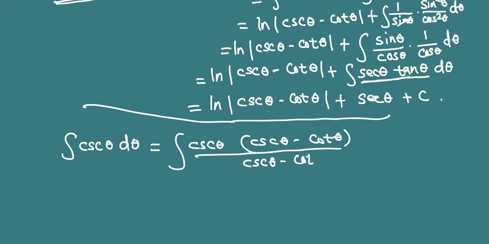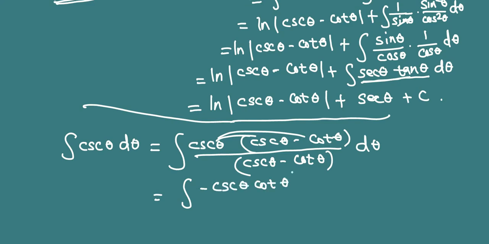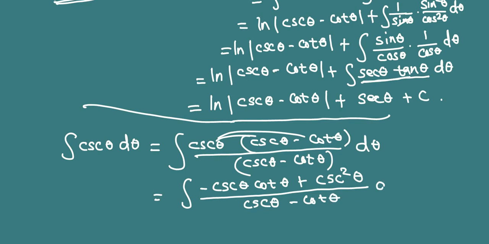Cosecant times minus cotangent is negative cosecant cotangent, and plus cosecant squared theta, and on the bottom we have cosecant theta minus cotangent theta d theta.